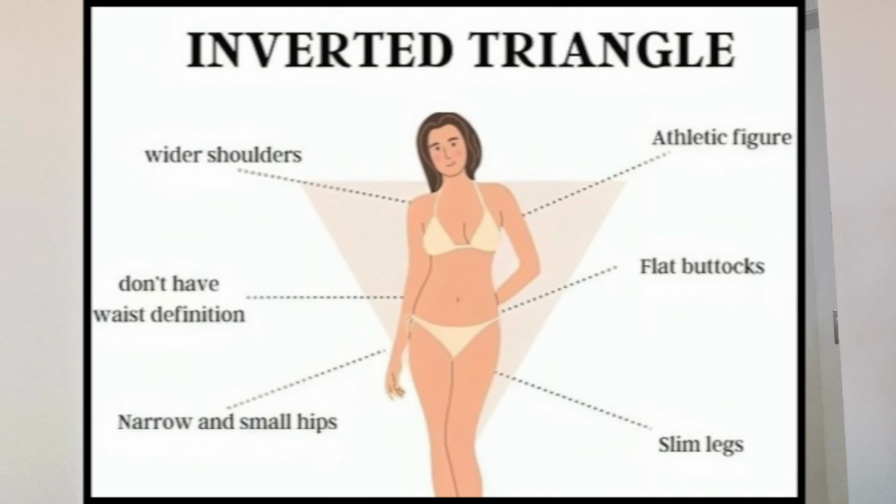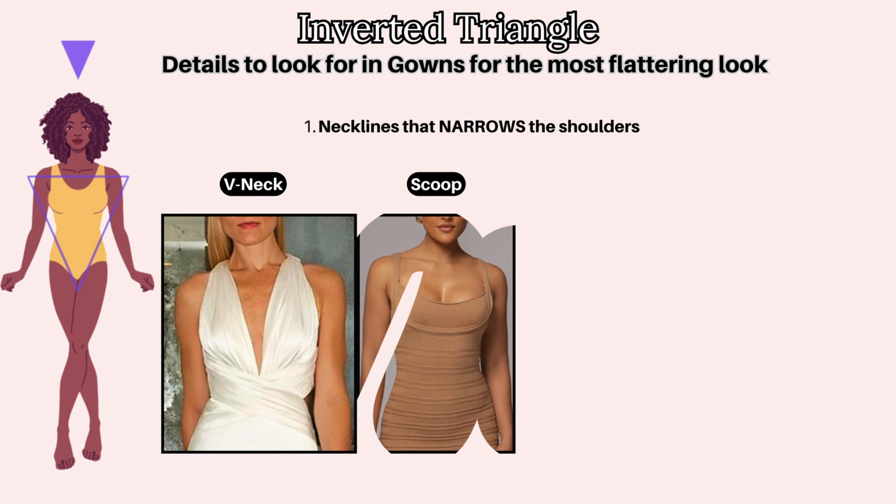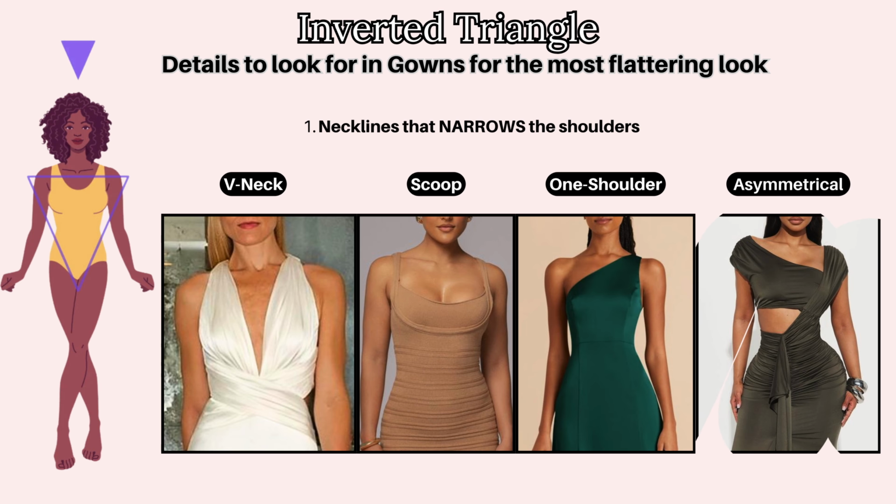For the inverted triangle body type, whichever gown you choose, look for elements and details that make the shoulders appear slimmer and more narrow than they actually are. So you can look for necklines like V-neck, scoop neck, one shoulder necklines, asymmetrical necklines. You also want to look for details that define the waist, so belts, like an elevated formal belt, or nipped waist.